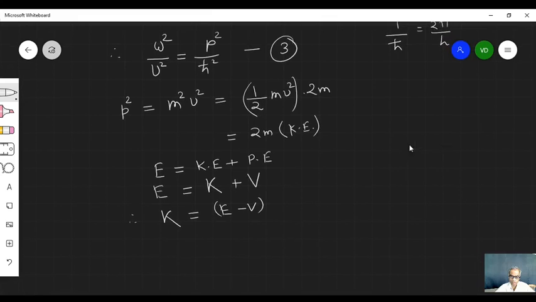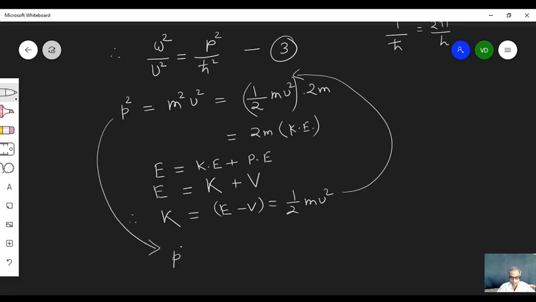Now we can put this value of half mv square here. So what we get is p square equal to twice m times E minus V.